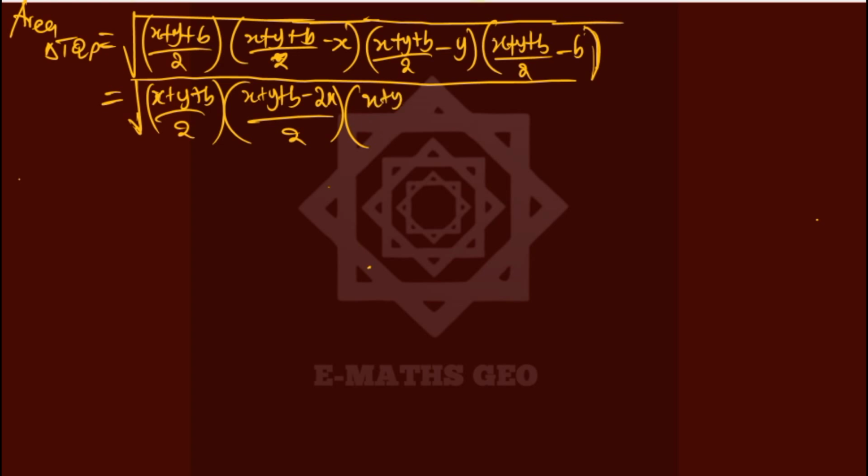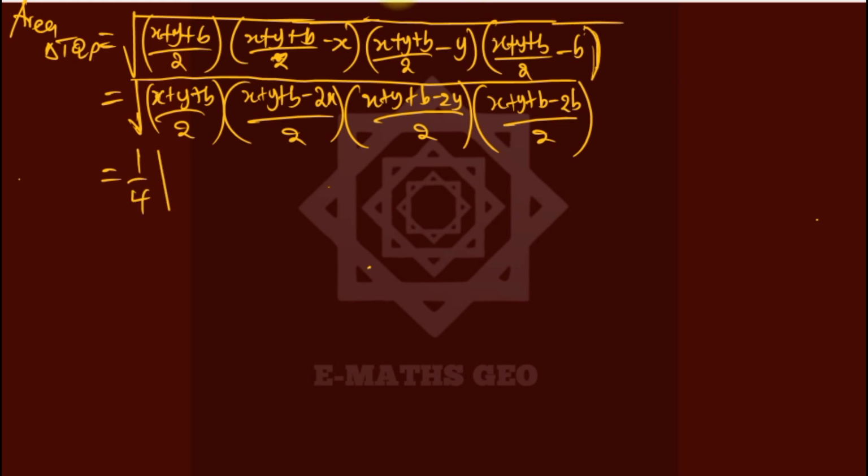The third one is x plus y plus b minus 2y over 2. The last one, x plus y plus b minus 2b over 2. Okay. So as you can see, 2 times 2 is 4, 4 times 4 is 16. So the square root of 16 is 4.